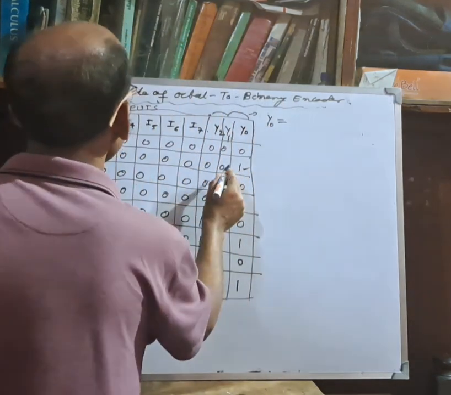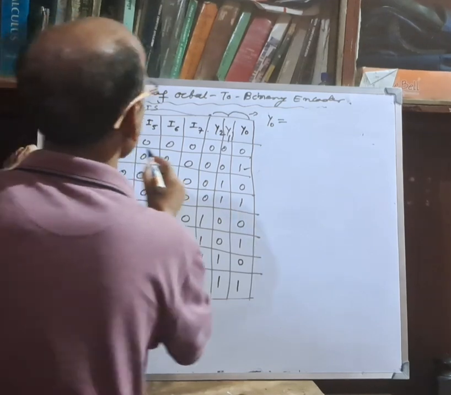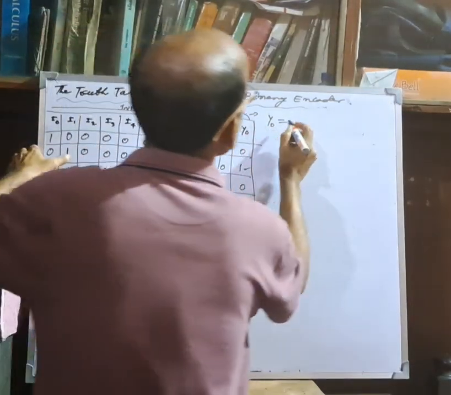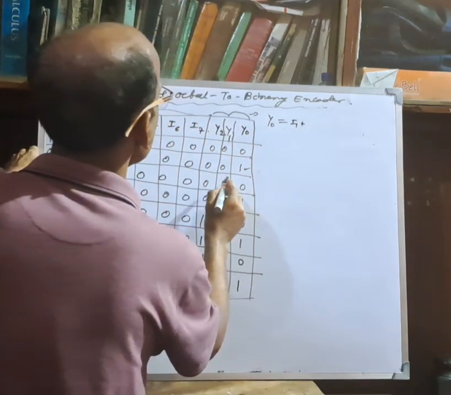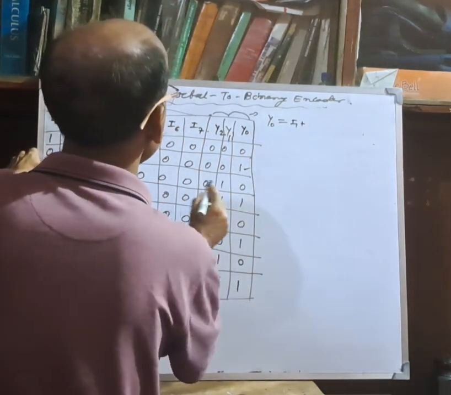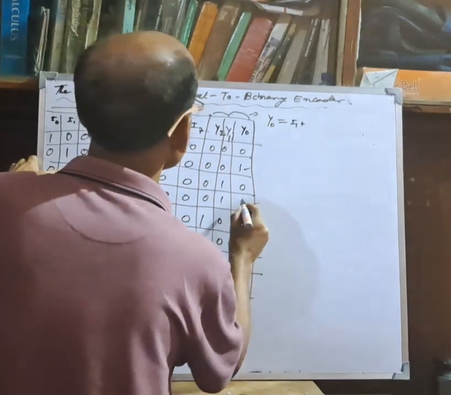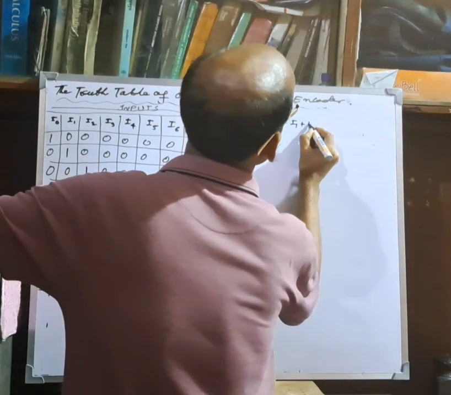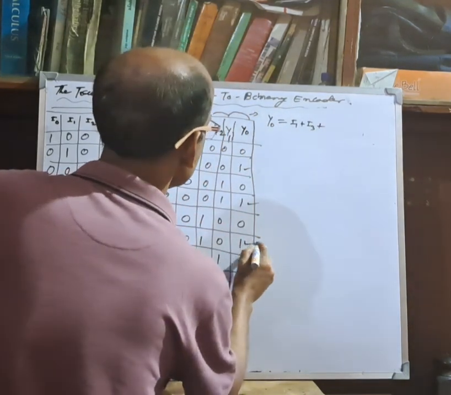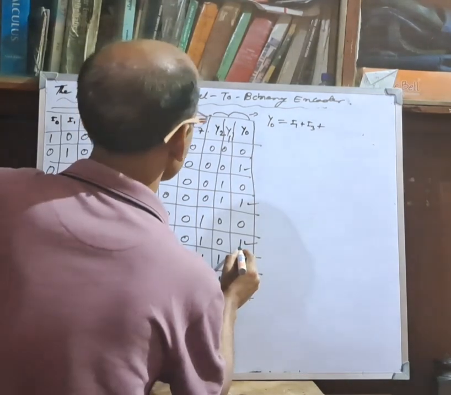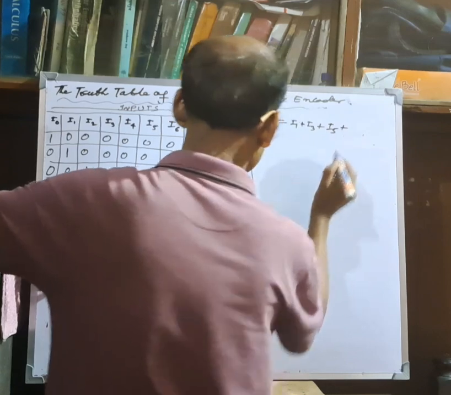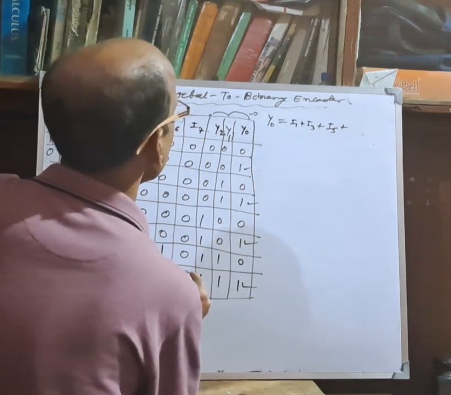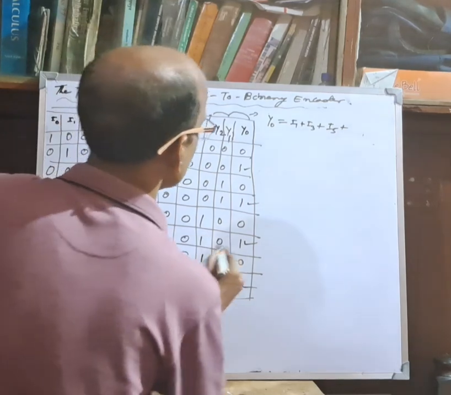So this you will write here, y0 is equal to I1 plus I3, then I will check here I5 plus, and then I have to check here, so I1, I3, I5, I7 up to it will be.